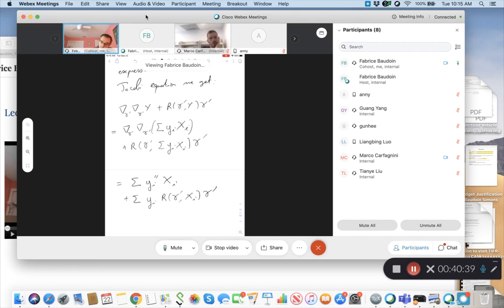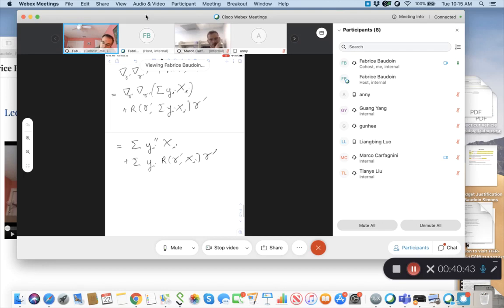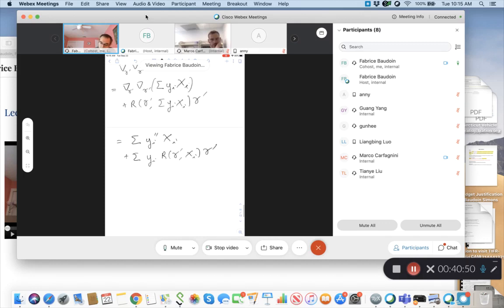So now I will introduce the curvature tensor along the curve gamma.